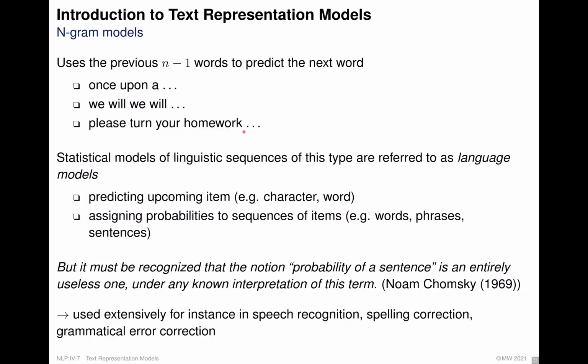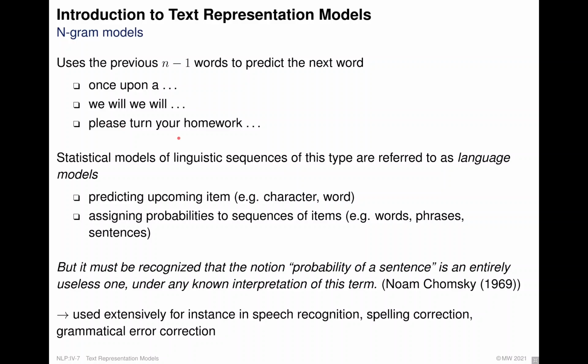Similarly here, please turn your homework, and what you most likely predict for the continuation in English is the preposition in, because turn in homework is again a type of multi-word expression, turn something in, and it's a phrase that's very often encountered.